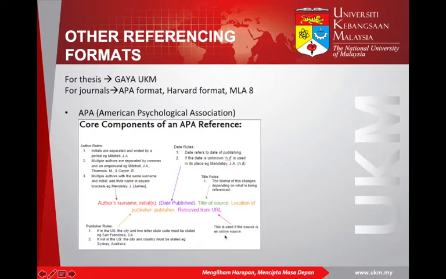This is used if the source is an online source. So those are the core components of an APA reference. If you do the in-text citation, you will write, for example, Michelle, in brackets 2017, states that ... or ... in brackets, Michelle, comma, 2017.